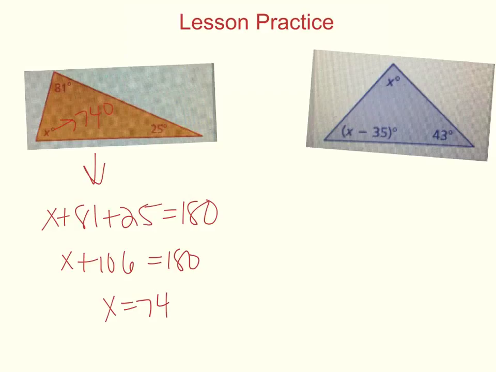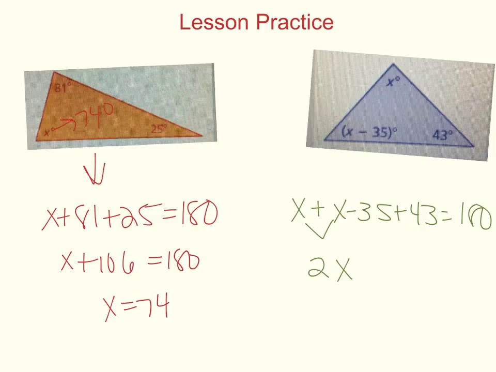If I go to my purple triangle, I'm going to set it up as x plus x minus 35 plus 43, and those three angles together also give us 180. Combine like terms, 2x, and then we're going to actually subtract here because 43 plus a negative 35 is going to give us 8. So we have 2x plus 8 is equal to 180.